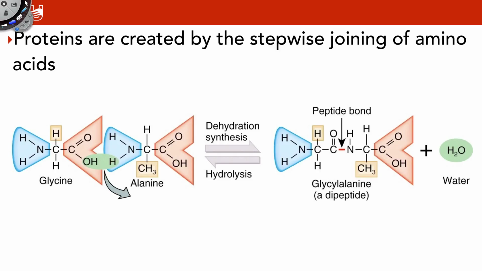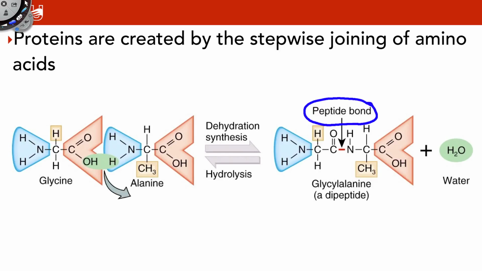Okay, how are we going to connect those links? Well, how we have connected carbohydrates, how we have connected fatty acids to a glycerol, same thing here. We have that condensation or dehydration synthesis reaction occurring. And when it does, we form a peptide bond.